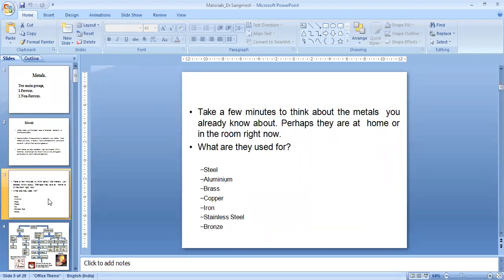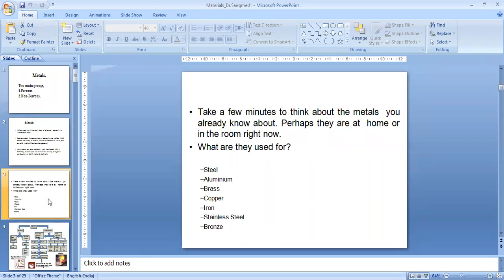But if for the same time you sit on a steel chair, normally we feel very cold because of its physical condition, or maybe because of thermal conductivity.